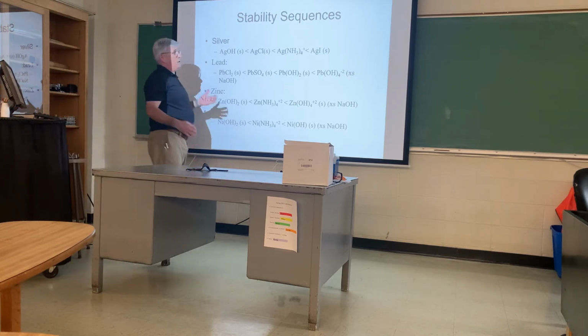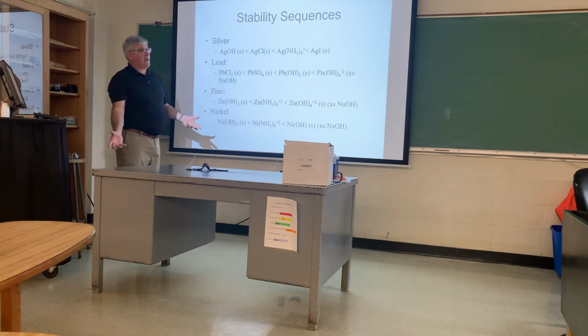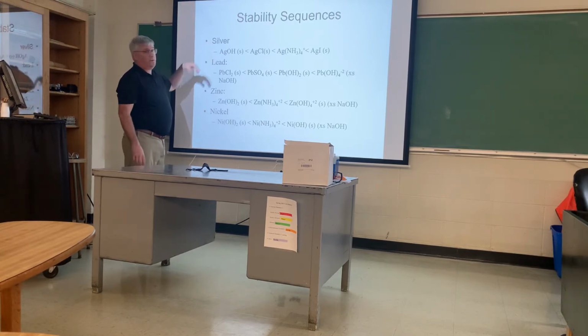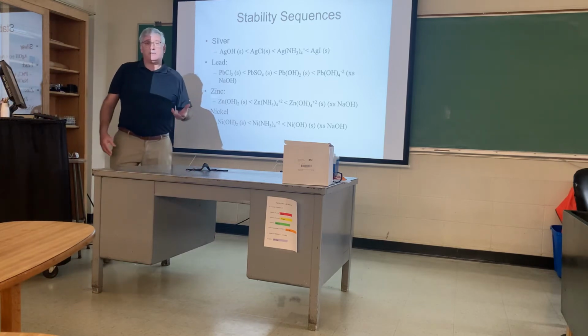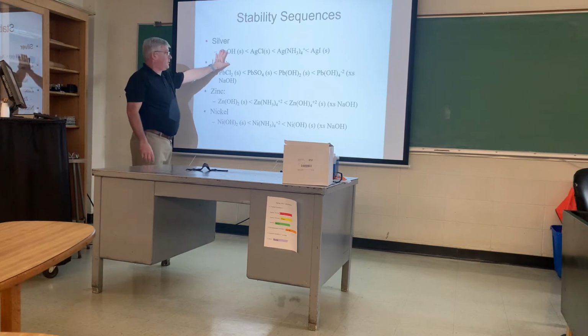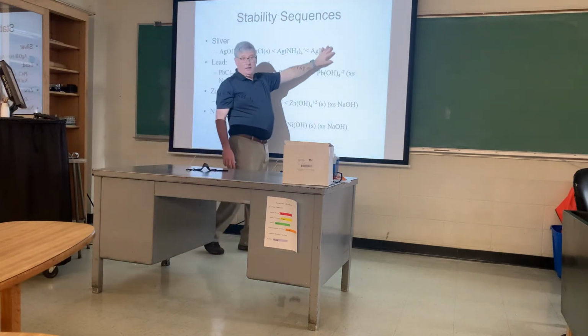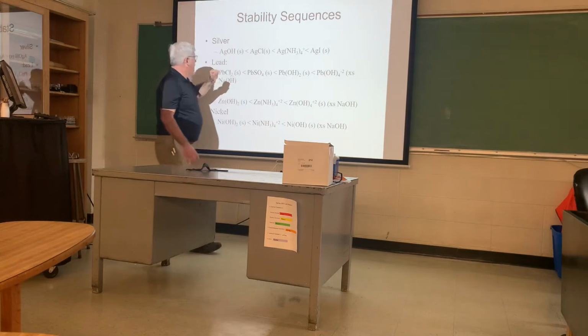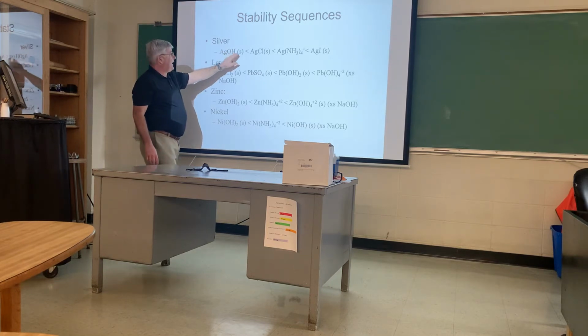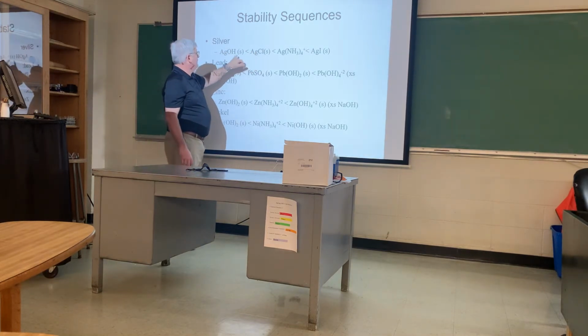Now, other ways, once I have my initial reactions and I made my observations and built that scheme, then I also want you to do a set of, we call them stability sequences. Now, if I'm looking at a stability sequence, I start on the left-hand side and go to the right. And so if I have silver hydroxide solid in a solution, and I add sodium chloride to that, then the chloride will displace the hydroxide, and my precipitate will change.